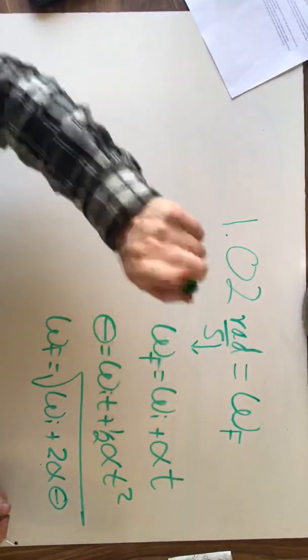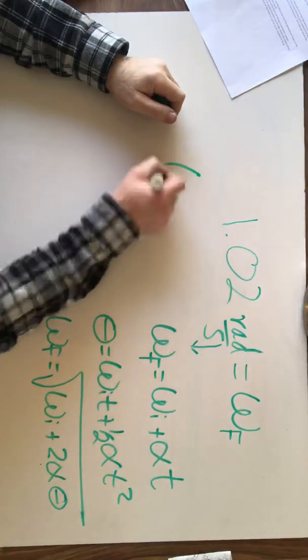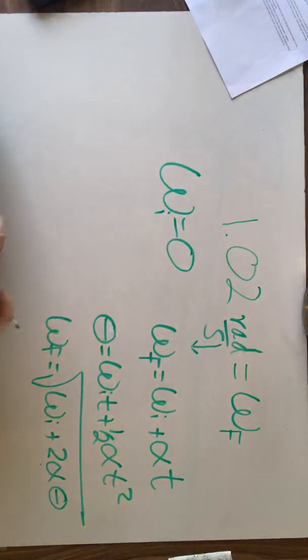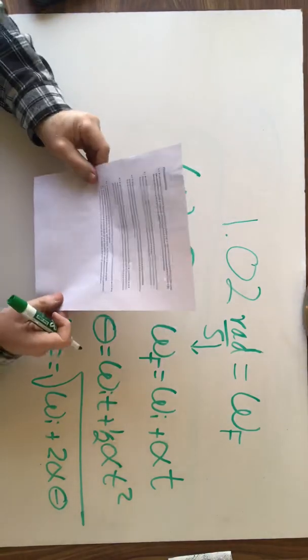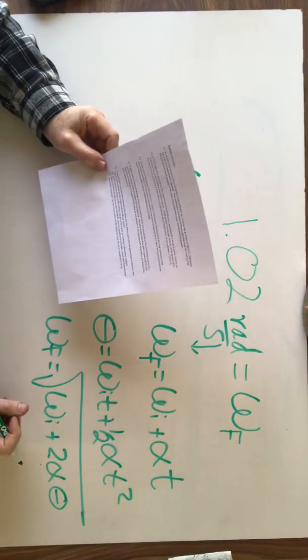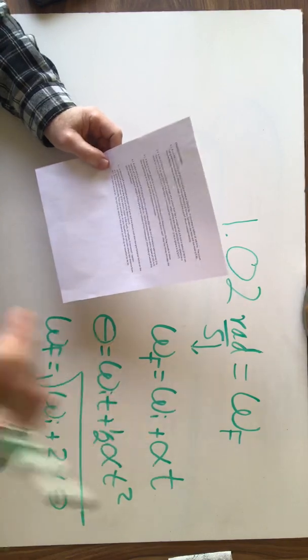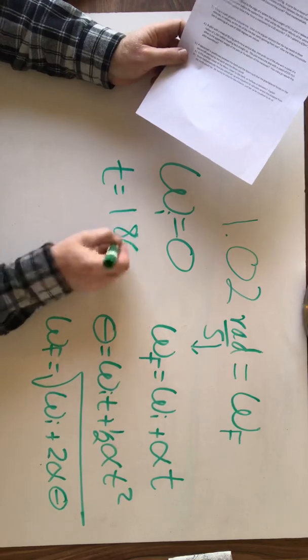We also know it started from rest, so we know the initial velocity is 0. What else do we know? We know the time, because we were told 3 minutes. 1 minute is 60 seconds, times 3, 180 seconds. So we know the time is 180 seconds.